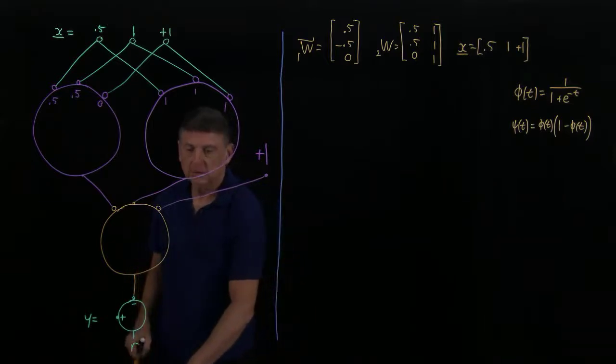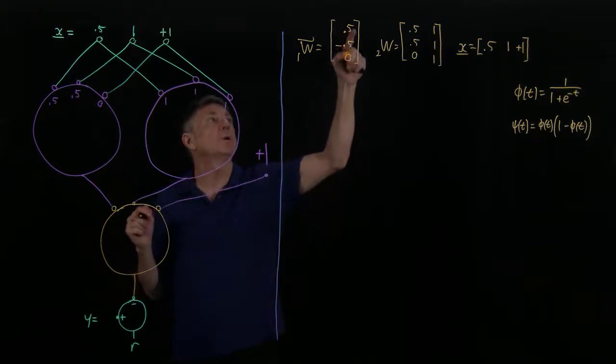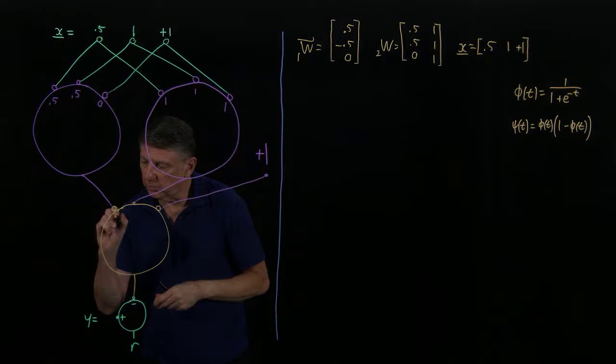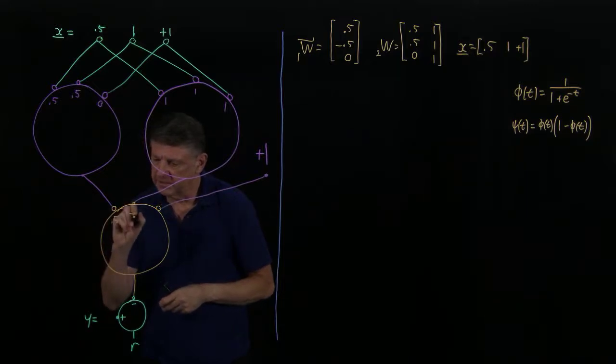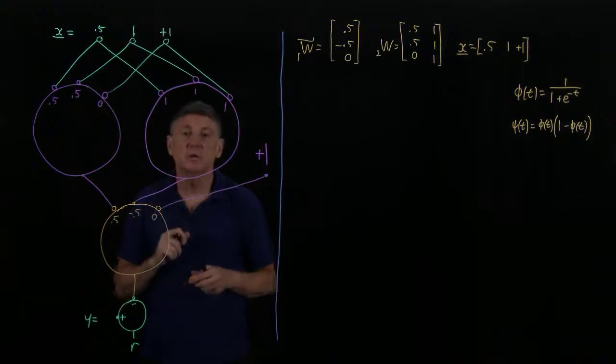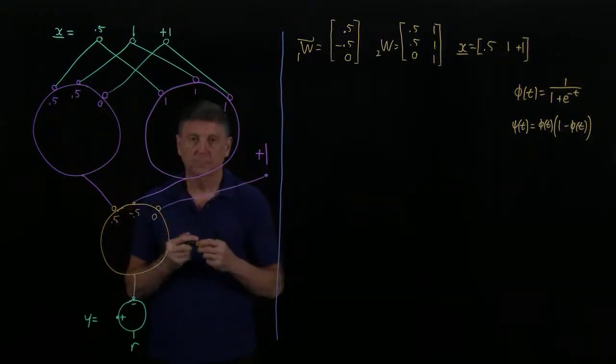The output layer then has weights which are 0.5, minus 0.5, and 0. So that will be 0.5, minus 0.5, and the bias term at this point of our estimation is 0.